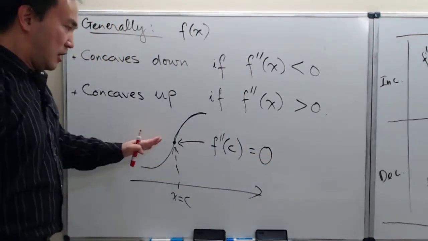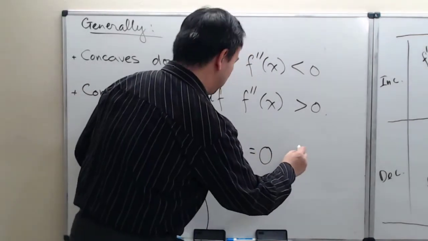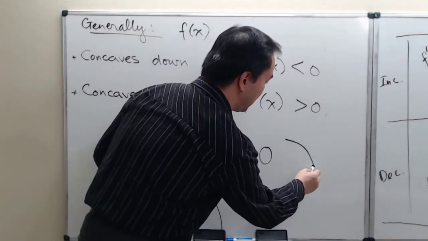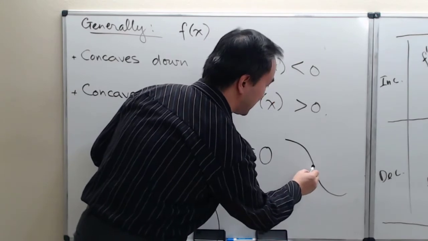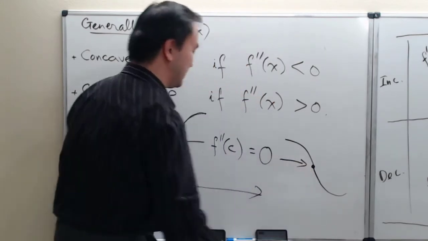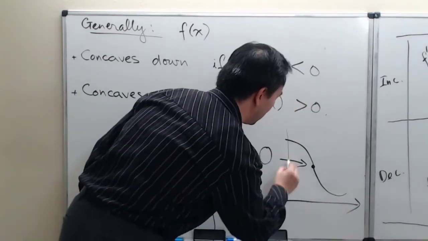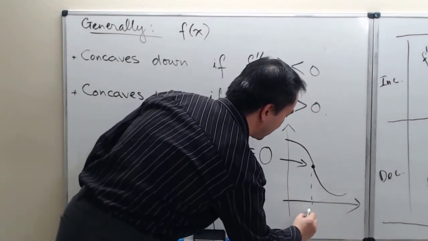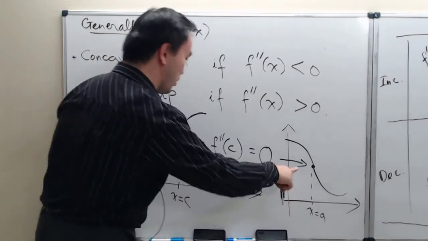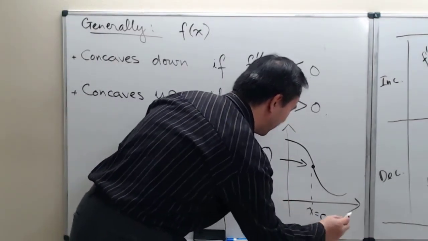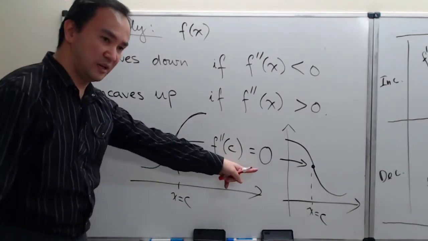Okay, so this is not the only case. It could be something like this, switching from a concave down to a concave up right here. That point right there, that's another case. And so in another quick little graphic there, we got our x equals a right there, and that's where x equals c, and that's where our f double prime has to be equal to 0.